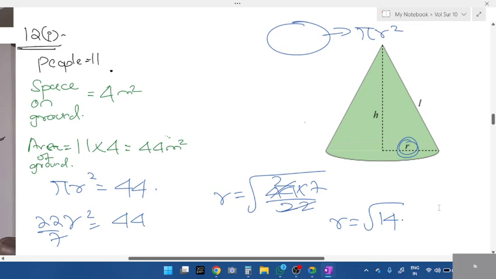So there are chances of getting such a question. A tent is basically used to accommodate people. There are 11 people and each person takes 4 meters of space.